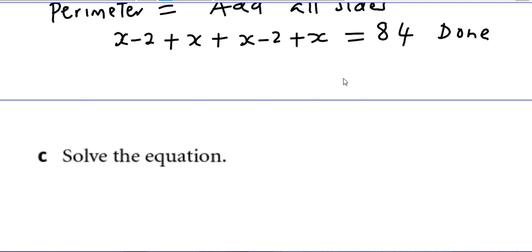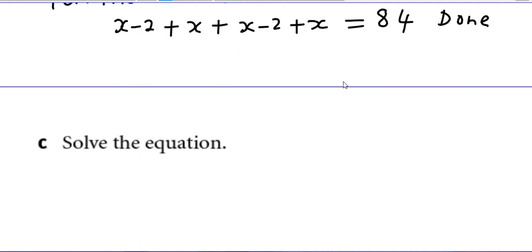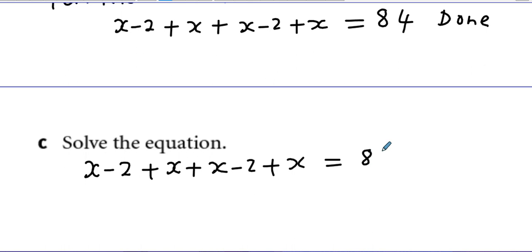Solve the equation. Okay, so we need to solve this equation. So you do x minus 2 plus x minus 2 plus x equals 84.